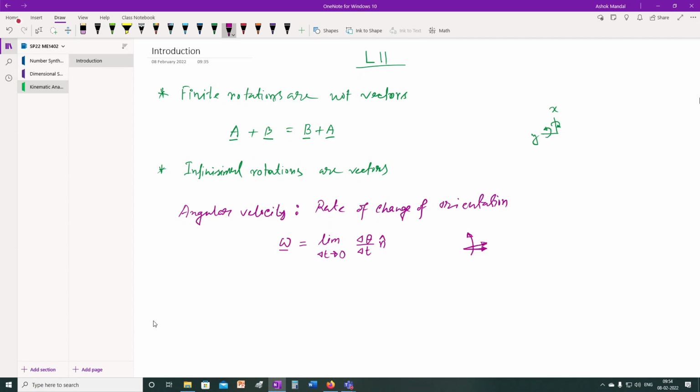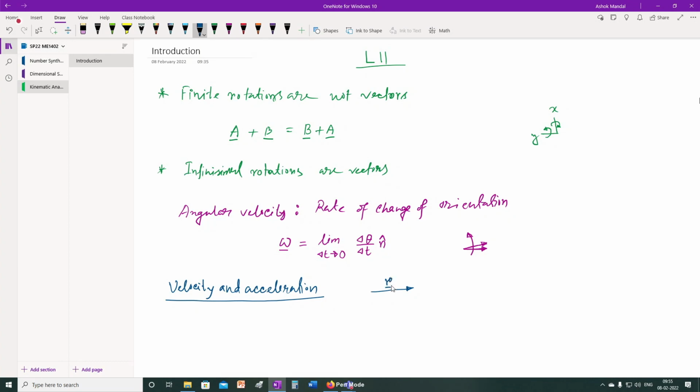Now we'll move to the next thing, that is the derivative of a vector. We are interested in velocity and acceleration. To find velocity and acceleration, you know that position is a vector.